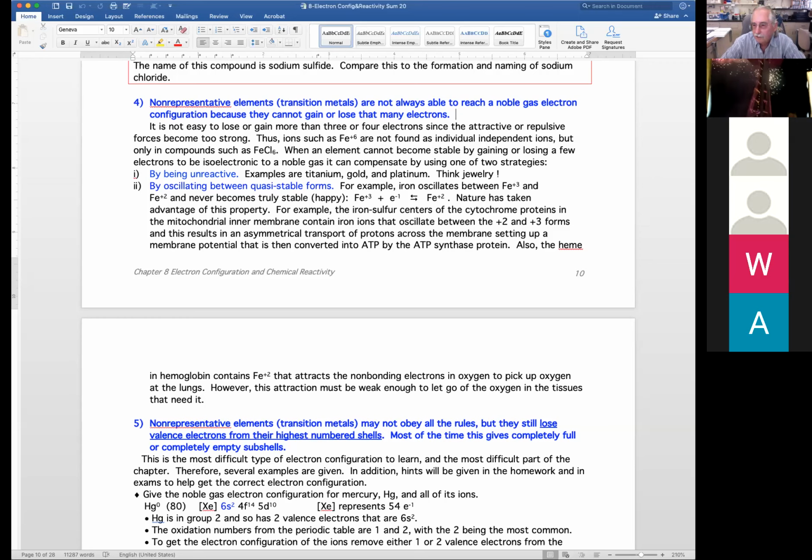And when it does that, is it happy? No. Sometimes it loses another one. And then does it become happy? No. So it simply bounces back between those 2 quasi-stable forms. So here's iron plus 3. If it were to gain an electron from somewhere and form the plus 2 ion, neither one of these is going to be happy.